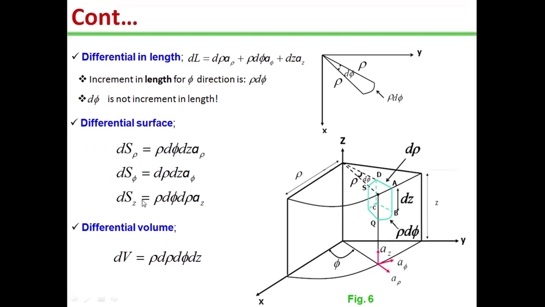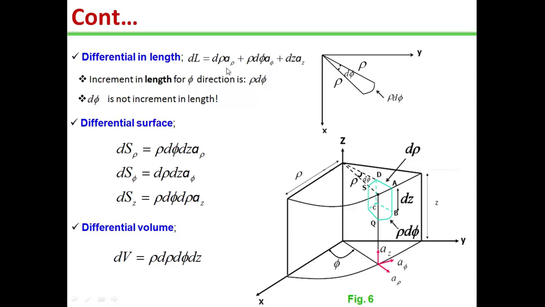So dsz is equal to rho d phi multiplied by d rho a z. So rho d phi is the differential length of the arc and d rho is the differential length along the rho direction. And the differential volume can be calculated by multiplying the differential lengths along the rho direction, phi direction and z direction.